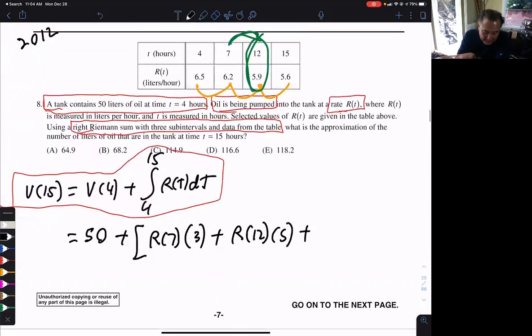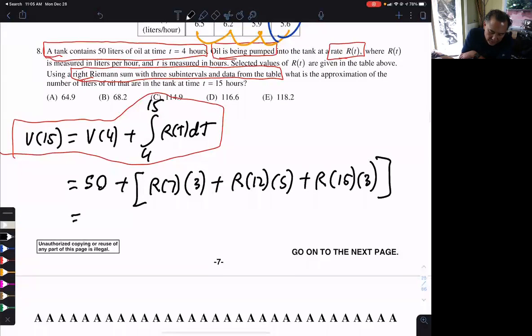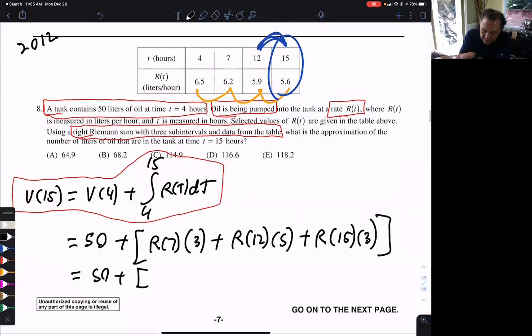And then my last interval is going to be from 12 to 15. The right side is 15. So the height of that rectangle is R, the function at 15, and the width from here to here is going to be 3. So times 3. So now it's simplifying.